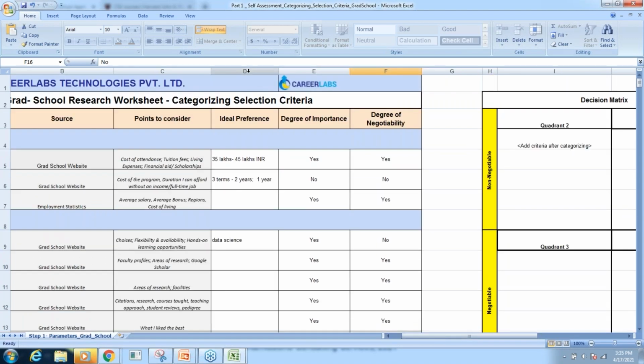And this ideal preference, as I told you, requires research. You will have to do the research on multiple schools, and only then will you be able to find out what is possible for you. So this is the first step.